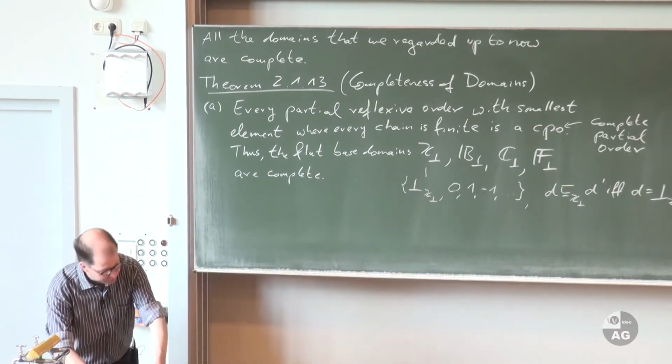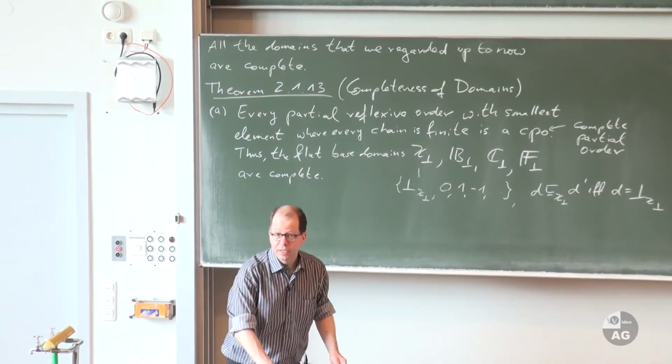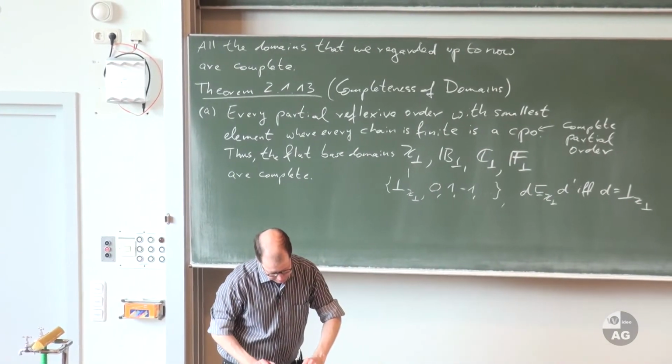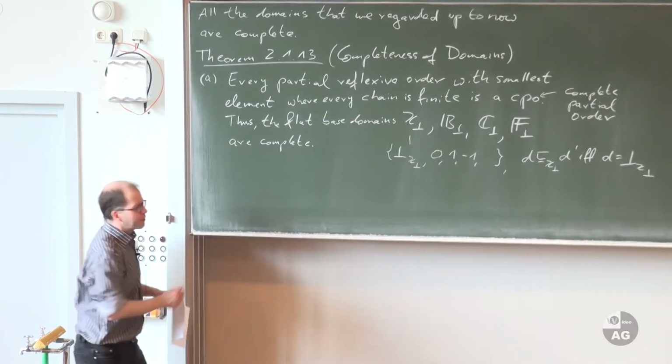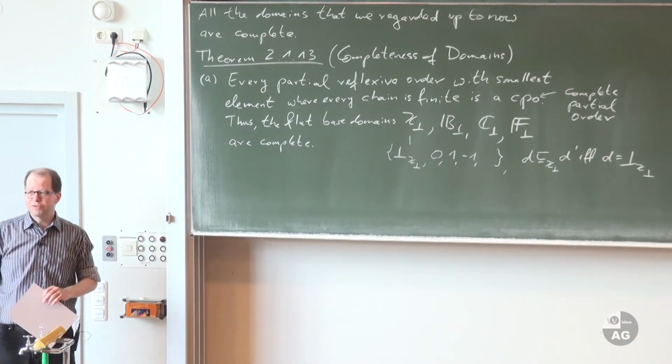Okay, this we will prove. But let's finish this theorem. So these were the domains for these primitive predefined types.